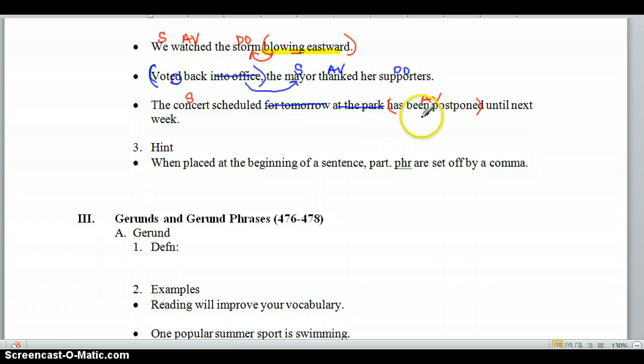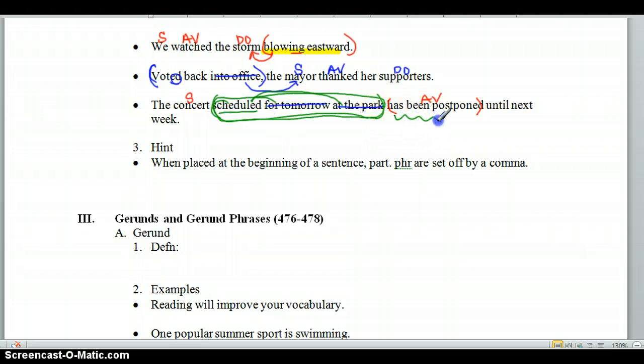Participial phrases cannot contain the action verb or any verb or the subject. So scheduled is obviously my participle. So what do I do for tomorrow? Well, for tomorrow tells me when it's scheduled. At the park tells me where it's scheduled for. I hit my action verb. This is my participial phrase.